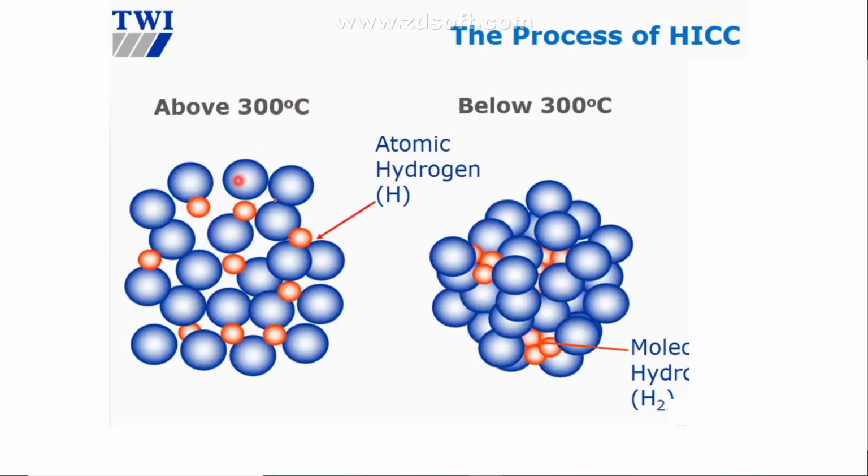So what happens? The grain structure expands. When it expands, there is always room, space for hydrogen to enter and leave. Hydrogen will enter and leave at temperatures above 300 degrees C. They enter one by one, right? In and out, another one coming in, another one coming out. But when the temperature after welding drops below 300 degrees C, what happens?